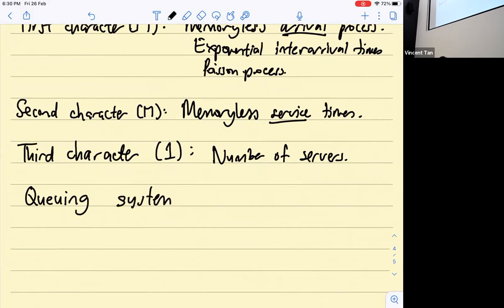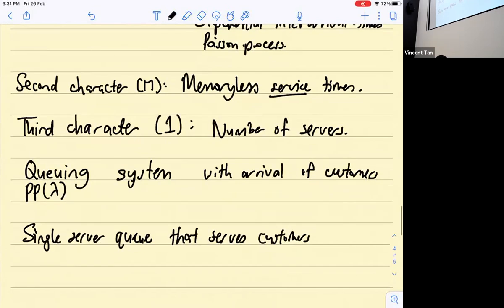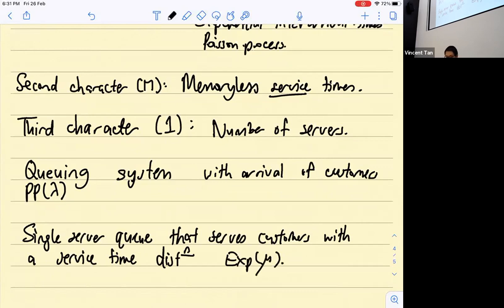So here we are going to consider a queuing system with arrival of customers following a Poisson process with rate lambda, and we consider a single server queue that serves customers with a service time distribution that is exponential with rate mu.